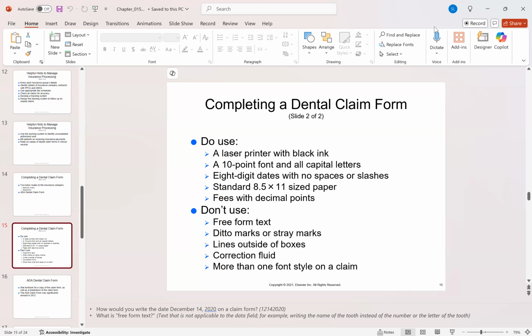This is going to be printed on a standard 8.5 by 11. And we'll use the fees with decimal points. We don't want to use freeform text, ditto marks, stray marks, lines outside the boxes, any correction fluid, or more than one font style.